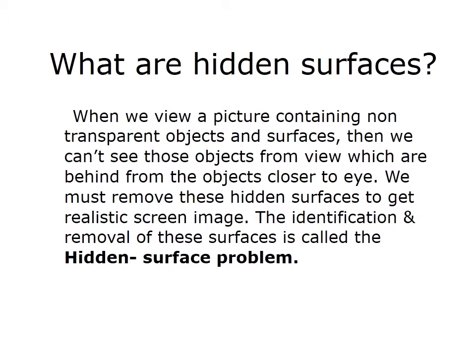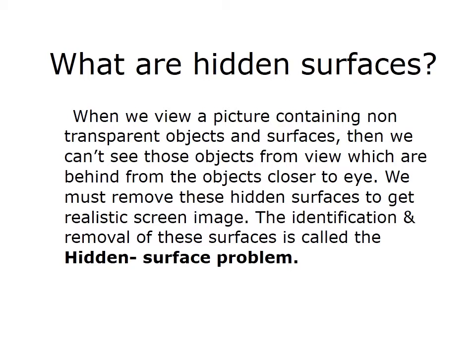what hidden surfaces are. When we view a picture containing non-transparent objects and surfaces, we can't see those objects which are behind the objects closer to the eye. We must remove these hidden lines and surfaces to get realistic screen images.